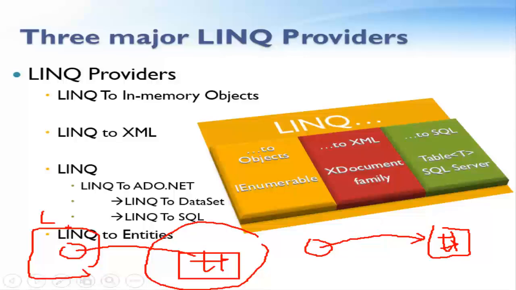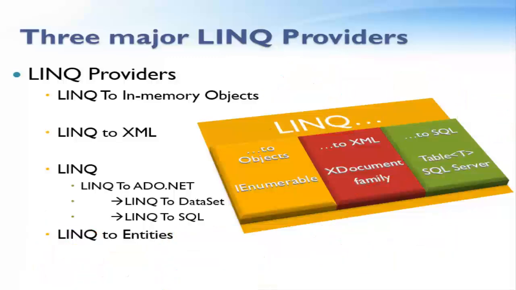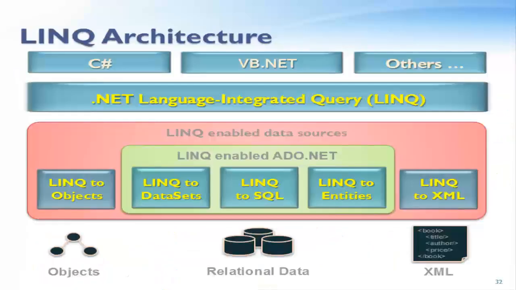And when you learn about entities, you can first create the entities and then tell the provider, go and create the tables for these entities. Or you can go to the existing table and ask the provider to create all the objects out of this table for you. We'll see that in the other classes.